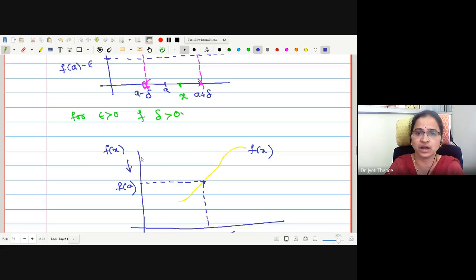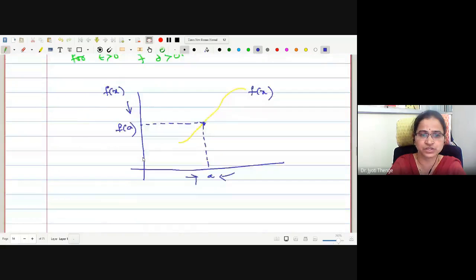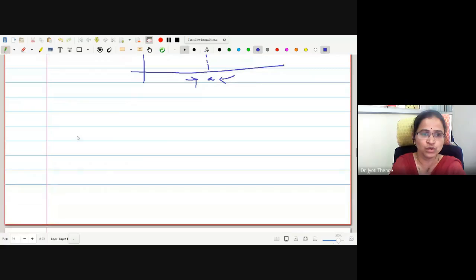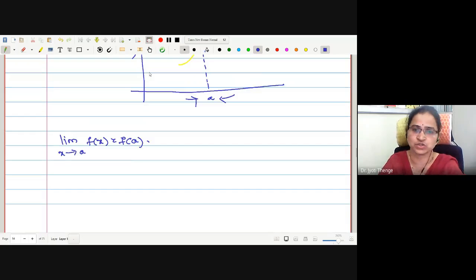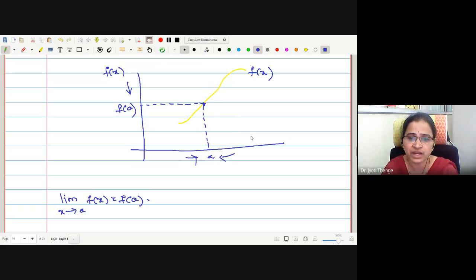Now we know the alternative definition for a continuous function. What is the alternative definition? We know limit x tends to a, f of x is equal to f of a. This is the limit definition. You can see the meaning of both definitions is similar. Whenever x is reaching towards a from the right or from the left, f of x must reach towards f of a, and the limiting value must be equal to f of a.